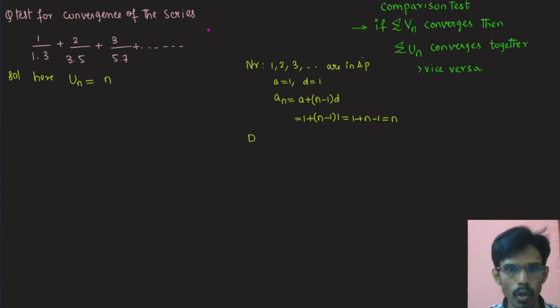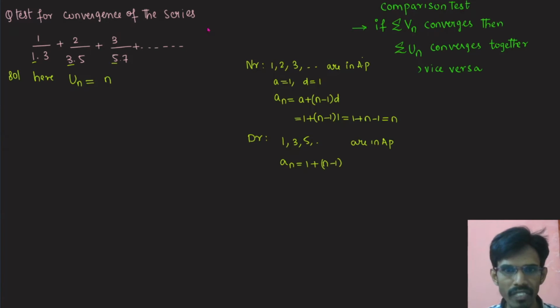Next in denominator, first term we have 1, next we have 3, next 5, and so on are also in arithmetic progression. So here we have general term an as a plus n minus 1 into d.